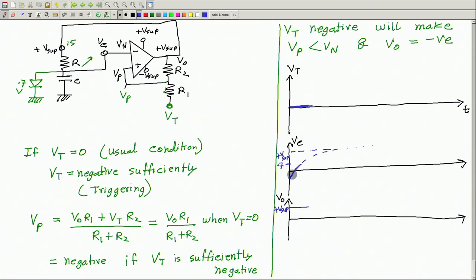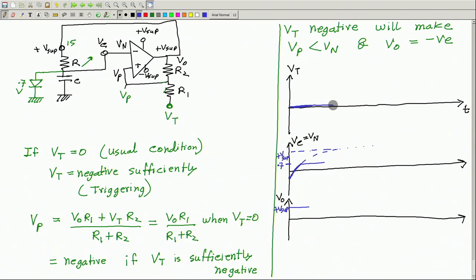So, it will just reach up to this 0.7, and then it will not increase any further. So, then it will stay at that value forever. This entire current goes through this. So, capacitor is no longer charging. So, V c stays at this value, and this V c is same as V n. So, this stays at this value forever.